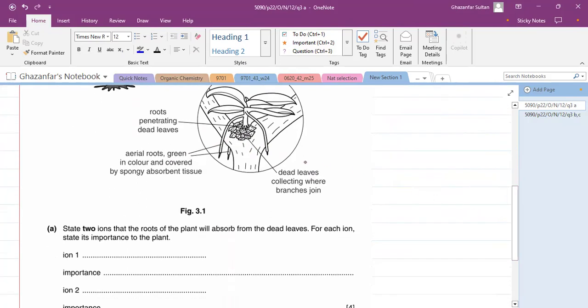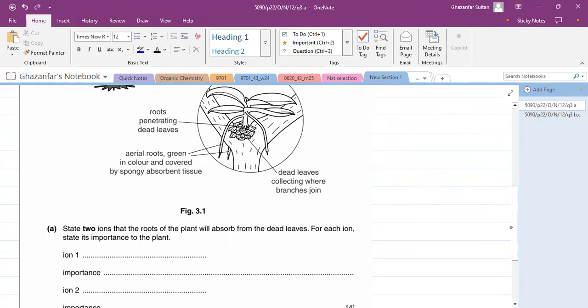Now question, state two ions that the root of the plant will absorb from the dead leaves. This plant absorbs from the dead leaf some of the ions. For each ion, state its importance to the plant.